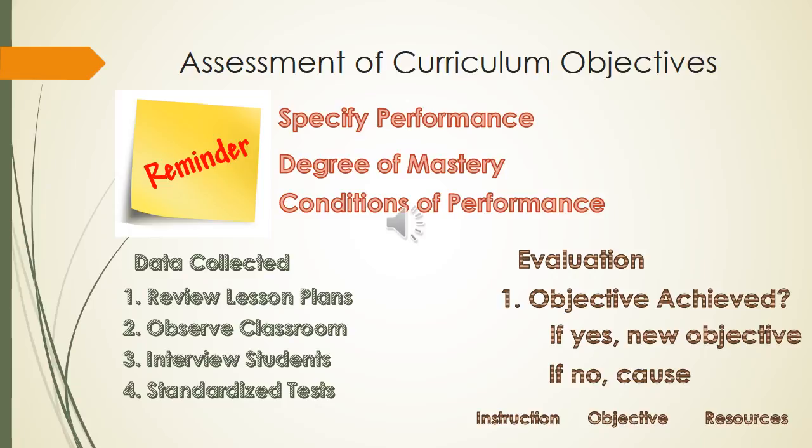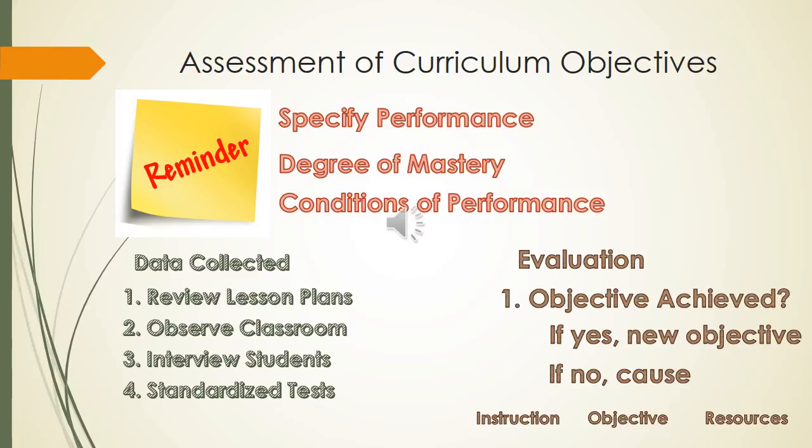Now, I identify here, number 4, that we're talking about standardized tests. You certainly can use those, but there's nothing wrong with looking at a teacher-made test, so long as the test is lined up with an objective, for you to gather data about whether the students have mastered the objective. Because we do these item analyses for a test we give.